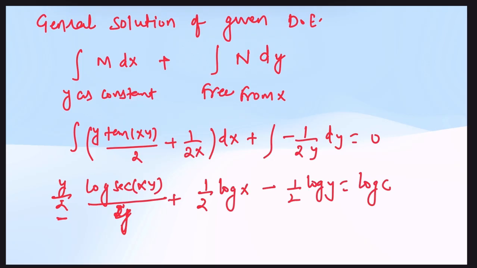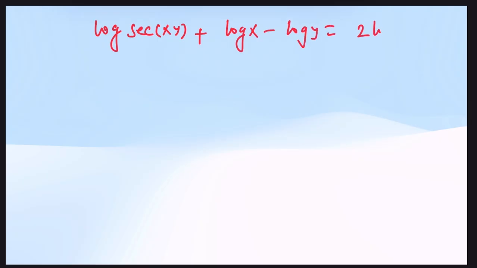The 2 we can take common and multiply, so that also becomes a constant. So it will be log sec xy plus log x minus log y equal to 2 log c.